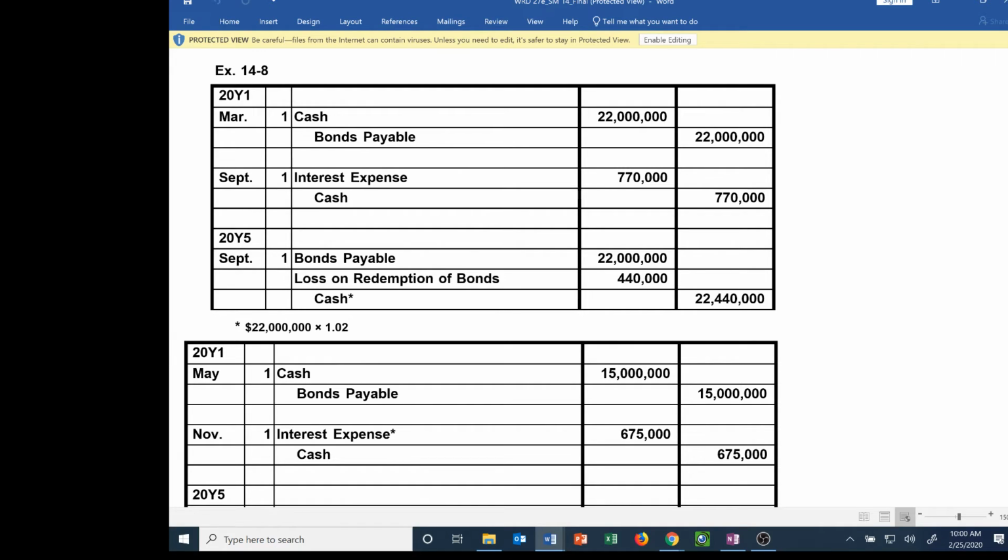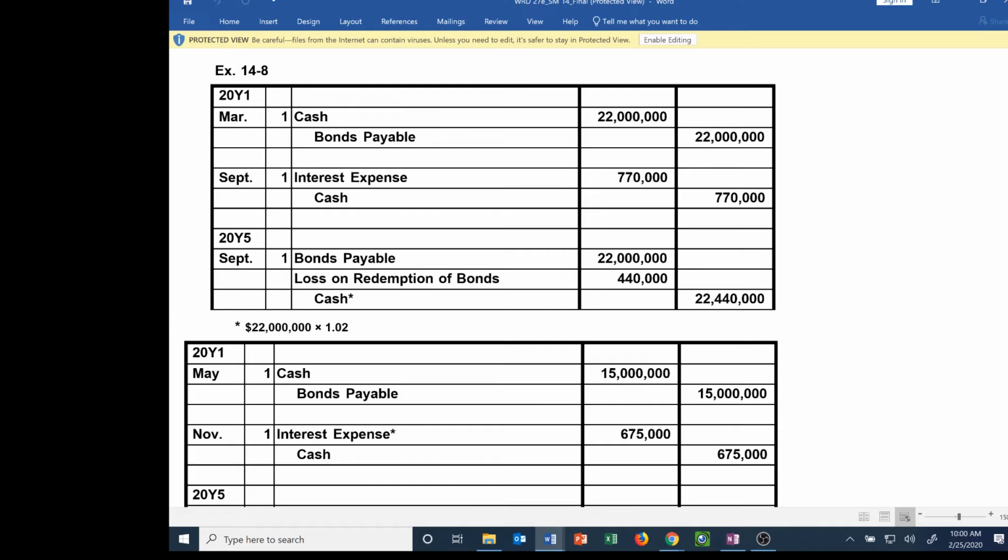Now pay attention. Here, we called the bonds issued at 96. Now what is 96% of 15 million? 96% of 15 million. 14.4 million. All right.